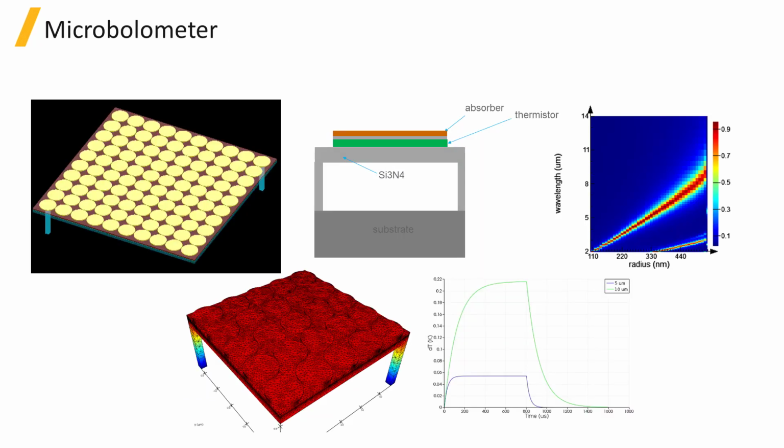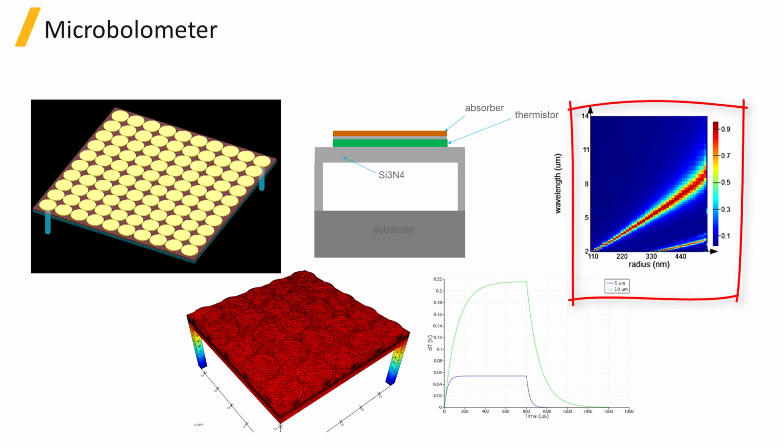The final example here is a microbolometer, which is used for thermal imaging, where the pixels each have a periodic array of structures that absorb power at a specific wavelength range. And each pixel also has a thermistor, which has a resistance that changes with temperature. We can use FDTD solutions to design the structure geometry to achieve the desired absorption wavelength.